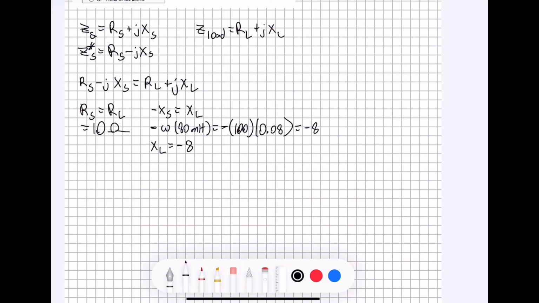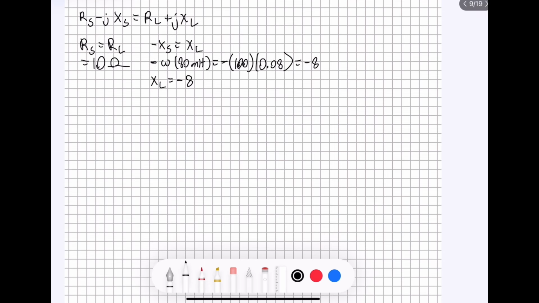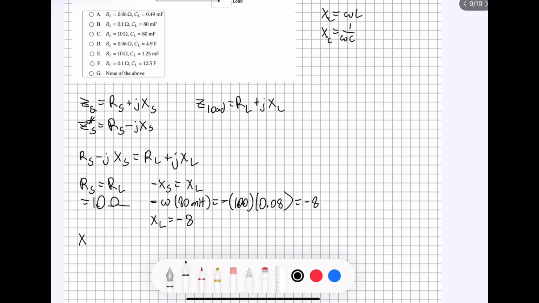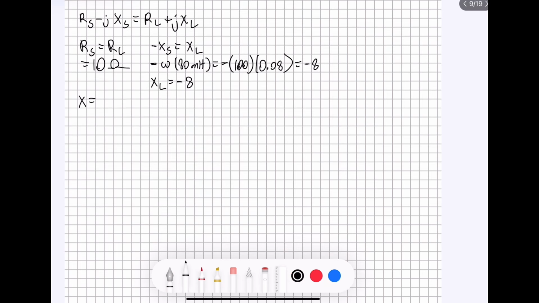If you write that all out, oh, one more step, we've got to find the capacitance. So the capacitance, we can find from the reactance using this capacitance equation right here for reactance of a circuit with a capacitor. So that's going to be 1 over omega C, which is equal to 1 over 100 times C, and all of that is going to be equal to negative 8, because we're finding the capacitance of the load here. We already know that the reactance of the load is negative 8.